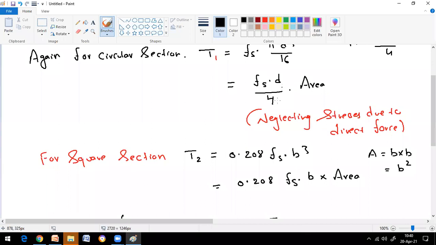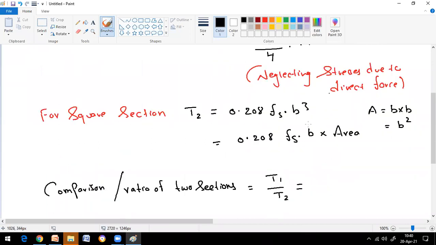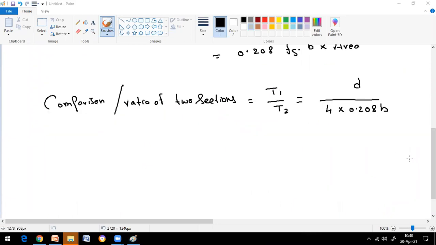Fs into D by 4 into area, and the T2 value is 0.208 Fs into B into area, right? So when you write the ratio of these two, you will get D by 4 into 0.208 times B, right? Okay. So now tell me, but for equal weights, what will be your pi d square by 4 into L?